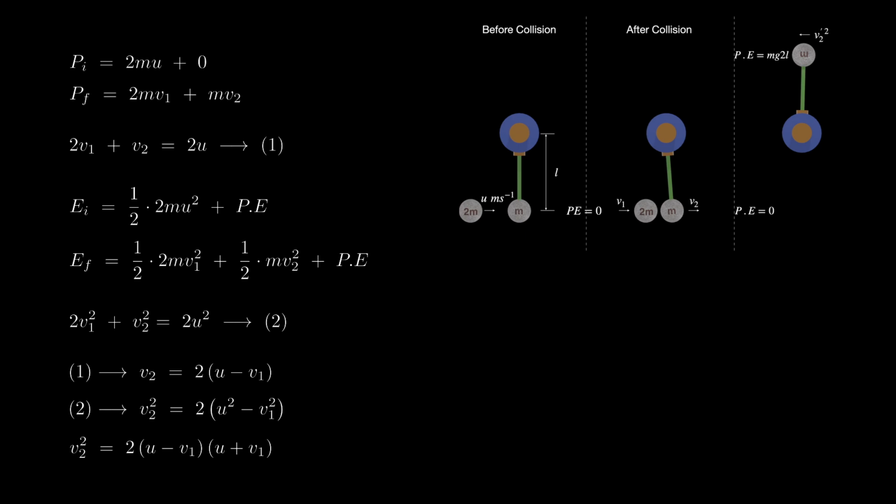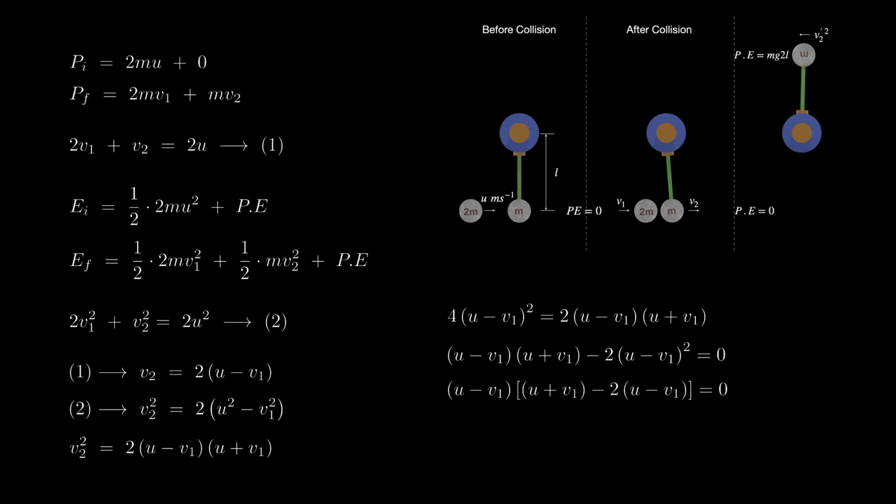Substituting V2 from expression 1 into expression 2, we can formulate a quadratic equation in terms of V1. When we solve this quadratic equation, we obtain two possible solutions for V sub 1.